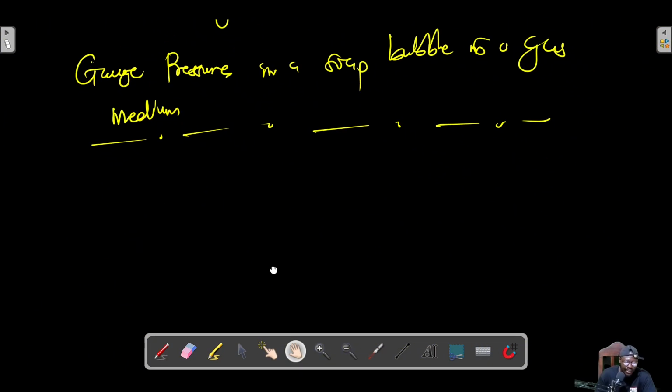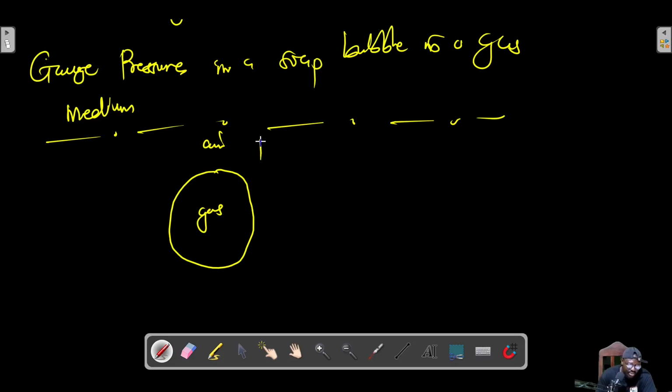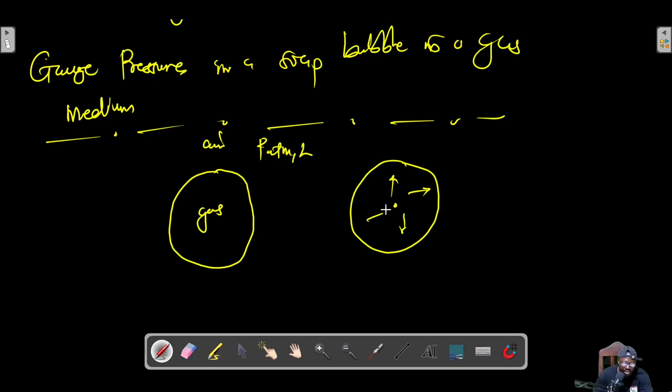Now, for a soap bubble in a gas medium, let us do the analysis. Normally, soap bubbles are filled with air, and air is a gas. So I can say a soap bubble is filled with gas. Since it is in an air medium, there will be a local atmospheric pressure exerted all around the outer curved surface area. Since the gas is located within our soap bubble, the gas exerts pressure all around the inner curved surface area. This pressure is an absolute pressure.